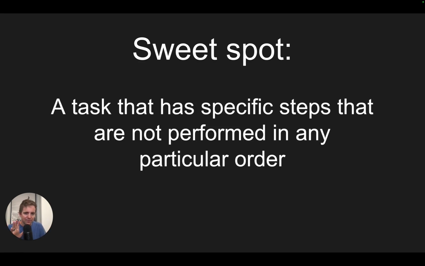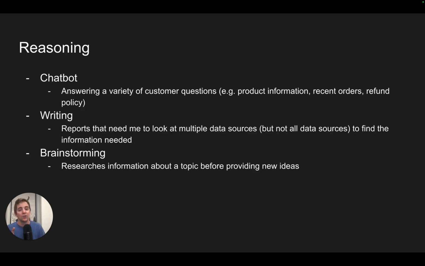Let's talk about some concrete examples though. And actually, funny enough, we're going to be using the same examples that we were using before. So this will be interesting. In a chatbot, maybe the chatbot needs to answer a variety of customer questions. Maybe it has to be something about product information, maybe about recent orders and about refunds. A chatbot can do this because these are varying steps, right?